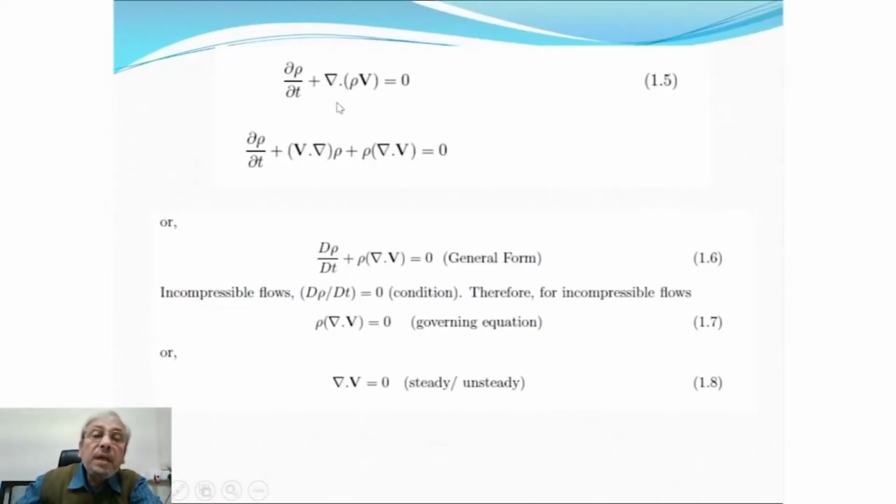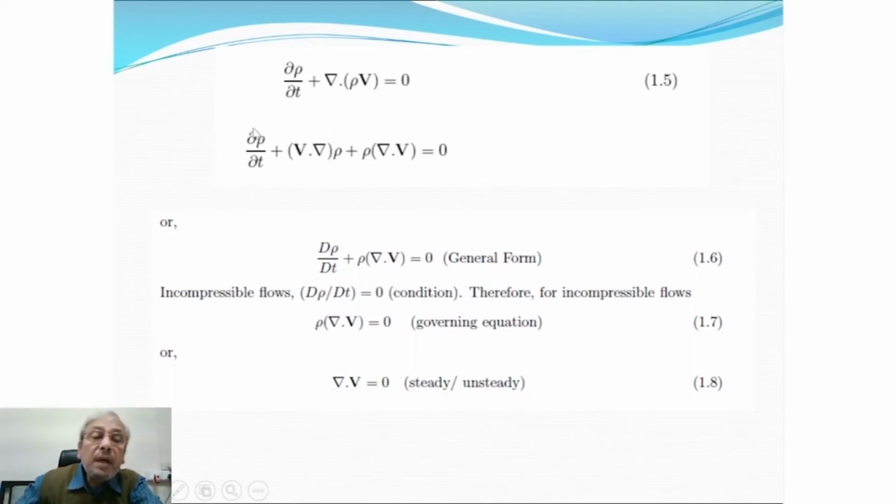And from here we can again write ∂ρ/∂t. If we apply divergence on ρv, we can write divergence of ρv is v dot grad operated over ρ plus ρ divergence of v equal to 0.